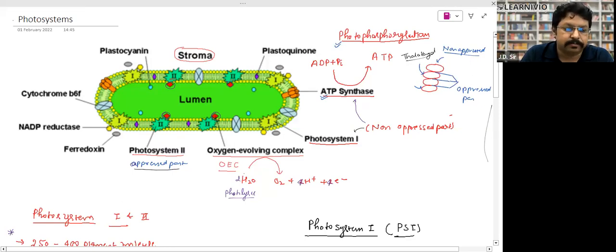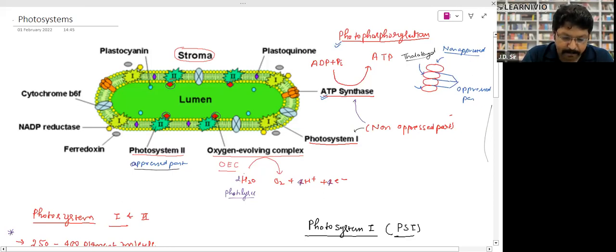PS second means photosystem second. PS second always contains the oxygen evolving complex, OEC. Full stop.